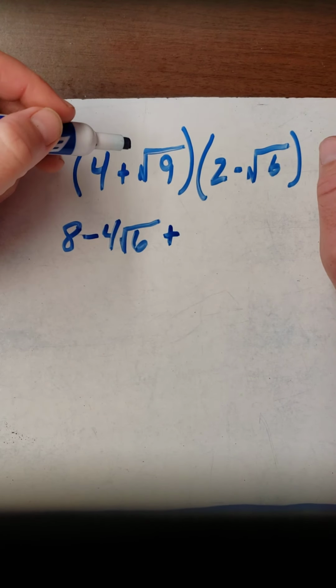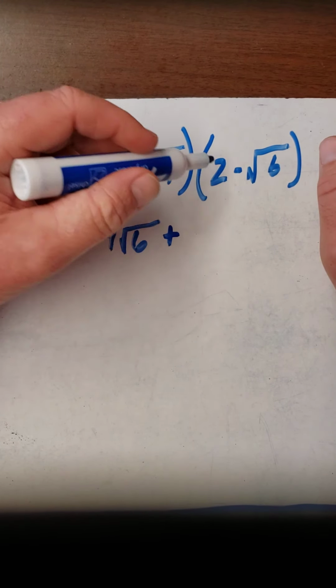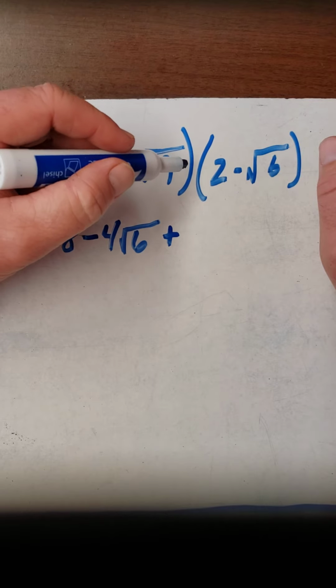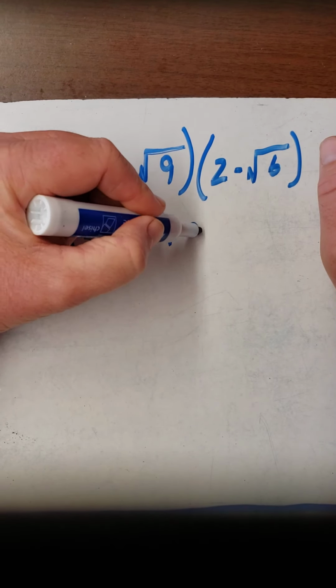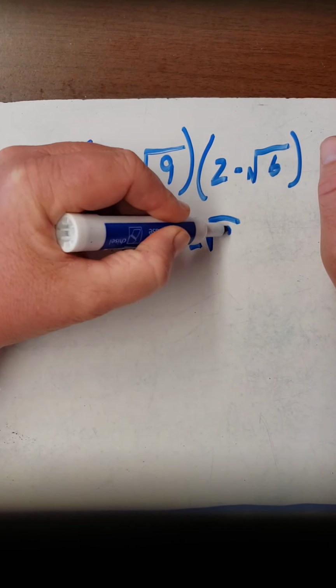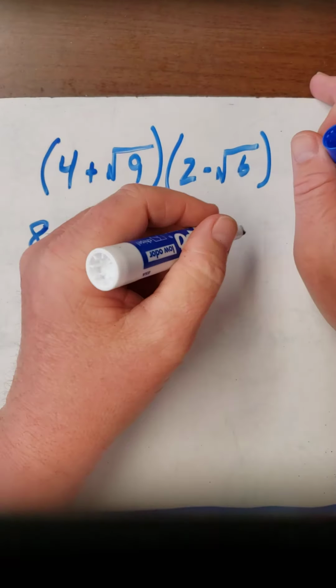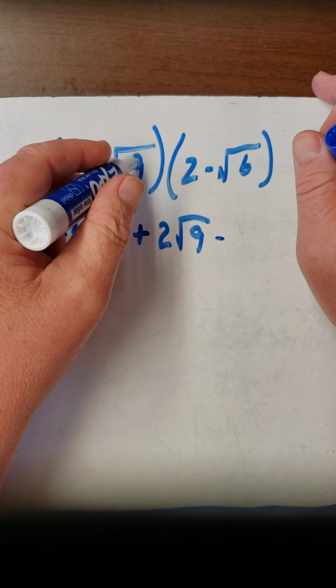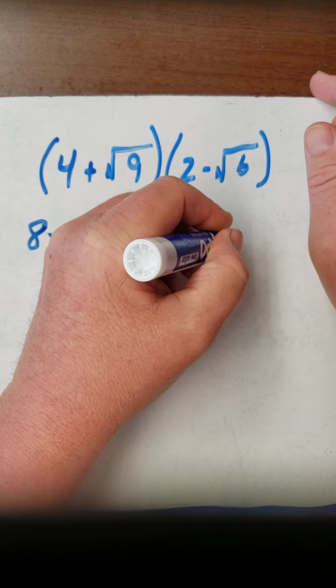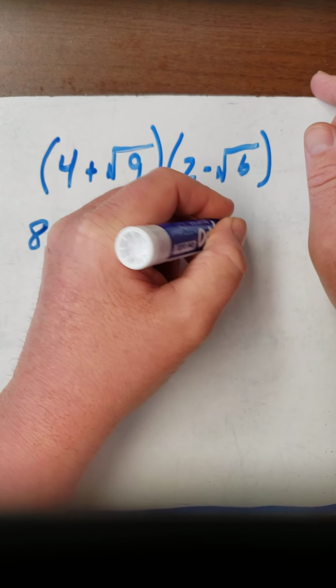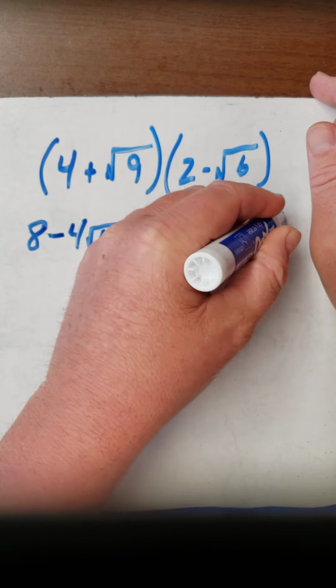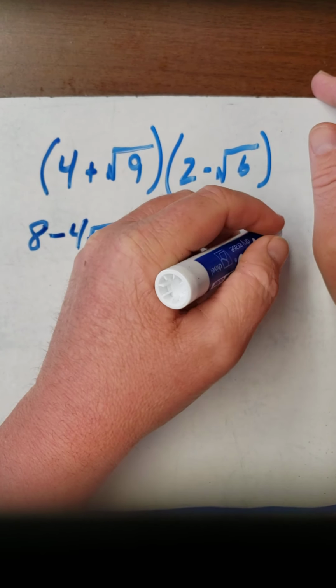Plus 2, because you go 2 times square root of 9. Minus, then, the square root, we multiply these two, and it's the square root of 54.